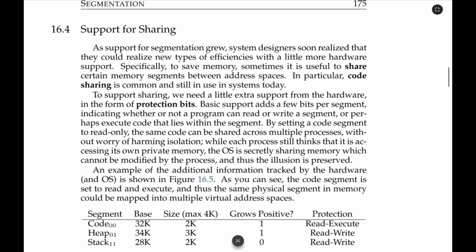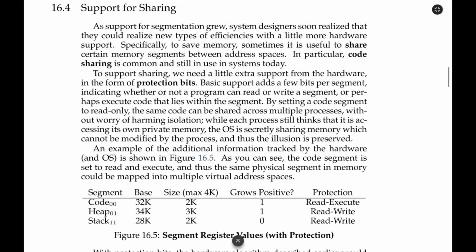To support sharing, we need a little extra support from the hardware in the form of protection bits. Basic support adds a few bits per segment, indicating whether or not a program can read or write a segment, or perhaps execute code that lies within the segment.